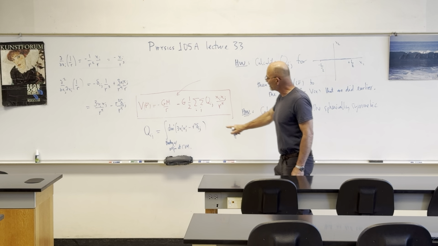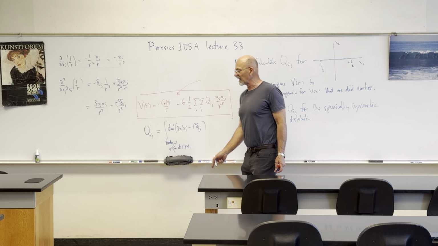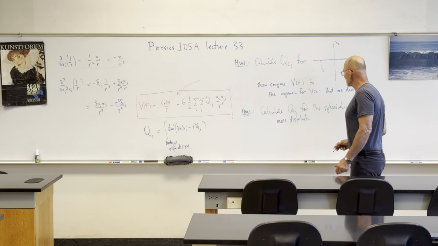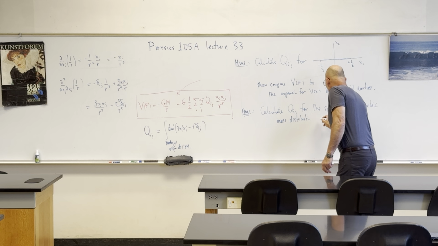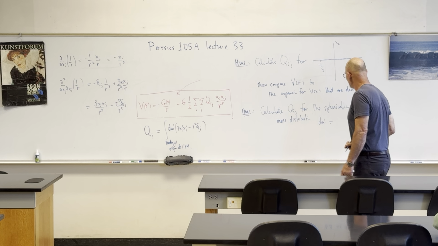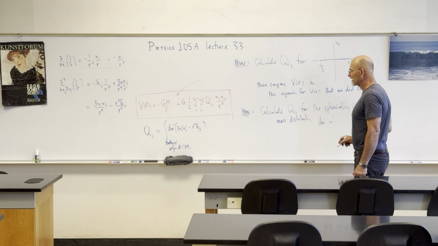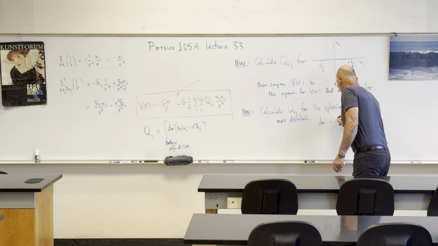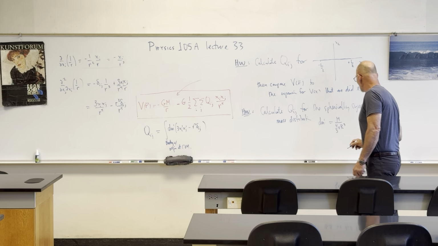Remember, we're dropping the primes when we actually do the integrals, okay? We're dropping the primes. So the spherical symmetric mass distribution is dm prime. It's the mass density, it's the mass element, so it's the total mass divided by 4/3 pi radius cubed.